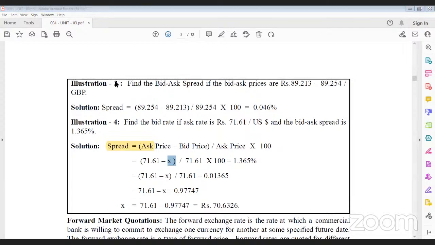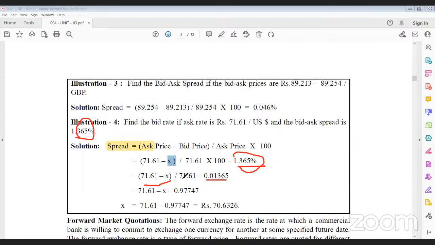This equals 1.365 percent, which is nothing but the spread, that's the bank's profit, which is already given in the question. So simplifying this equation, 71.61 minus X divided by 71.61 equals 1.365 divided by 100, we get 0.01365.